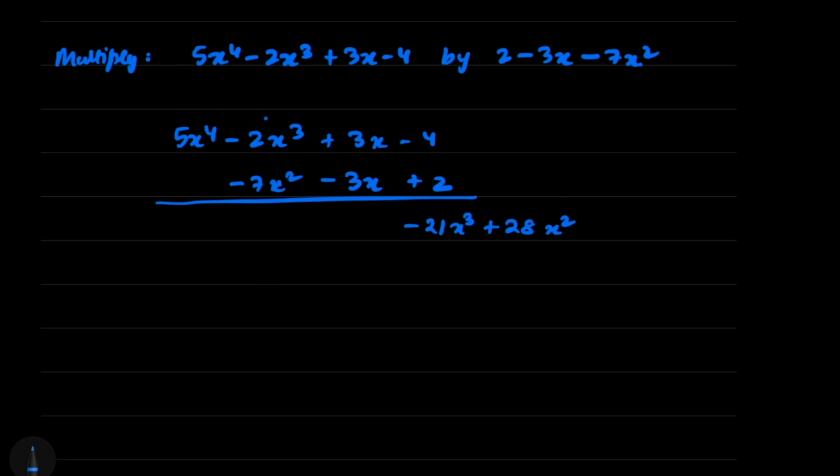Minus 7x squared into minus 2x cubed would give us 14x to the power 5. I'm leaving this space because we might have some values with x to the power 4 as their variables. And then we have minus 7x squared multiplied by 5x to the power 4. That comes out to be minus 35x to the power 6.